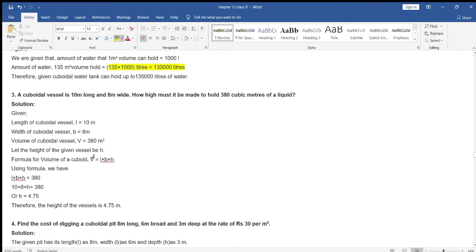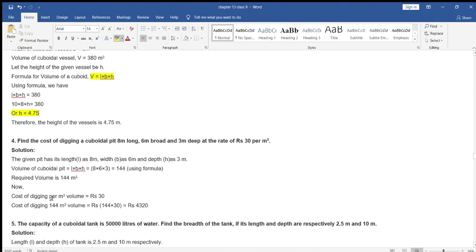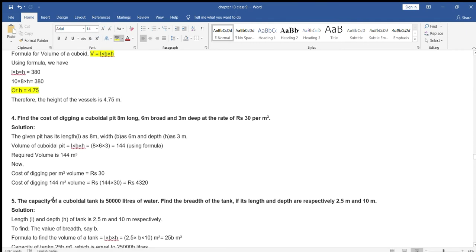We know the formula: volume is equal to L into B into H. By putting in the known values, the length, the width and the volume, we can find the unknown value. Directly we put the values in the formula and we get the unknown value.